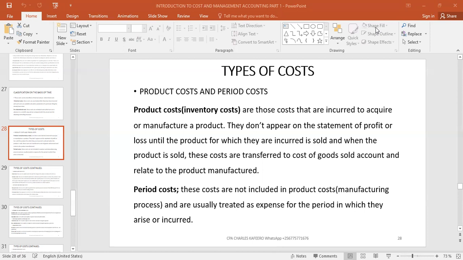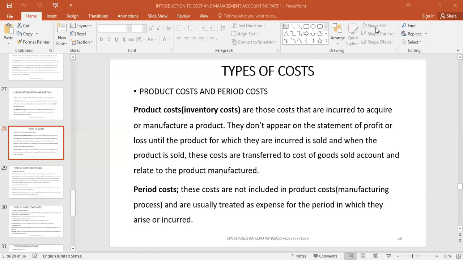These costs are not included in the product costs or manufacturing process, and they are usually treated as expenses for the period in which they are incurred.